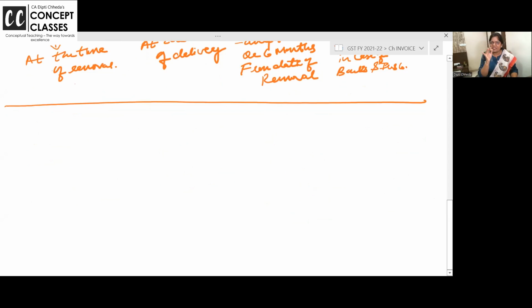We have done it in registration chapter, we have done it in time of supply, and we have also done it in section 9. अब ये क्या है देखो, when the person is liable for registration. So that depends ना कि उसने invoice के लिए एंड रजिस्ट्रेशन के लिए कब अप्लाई किया है.